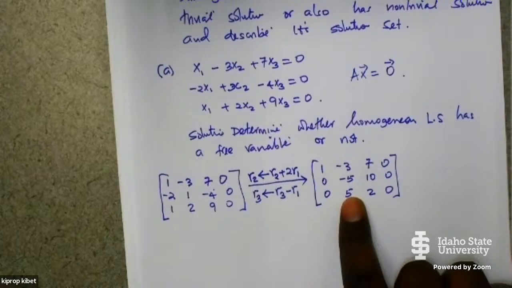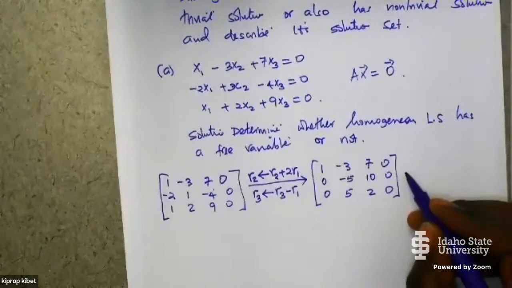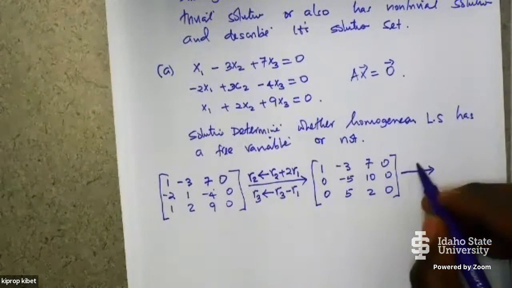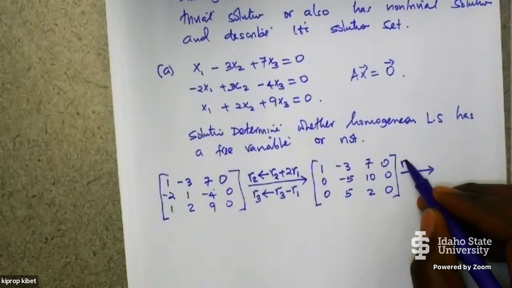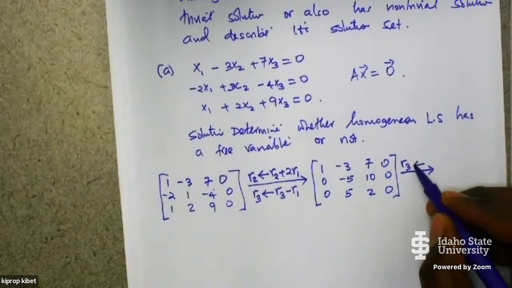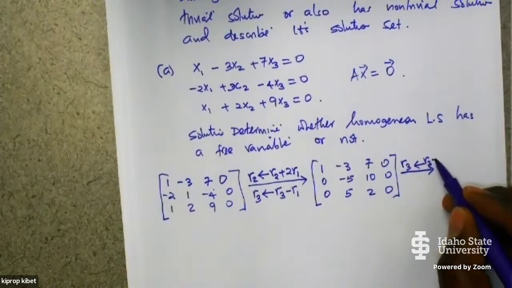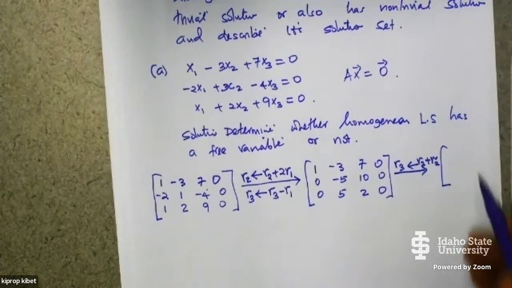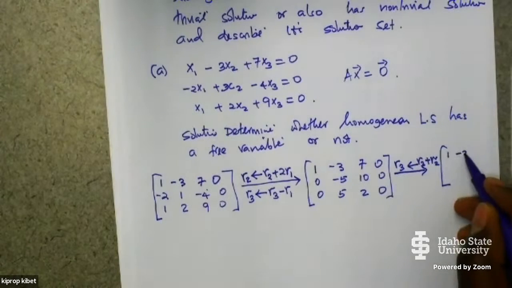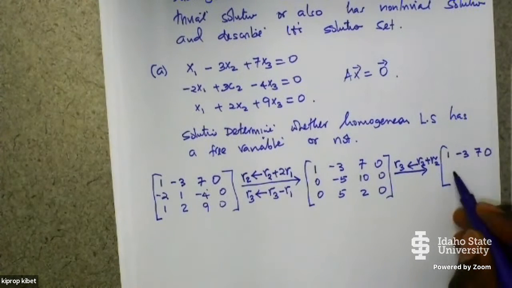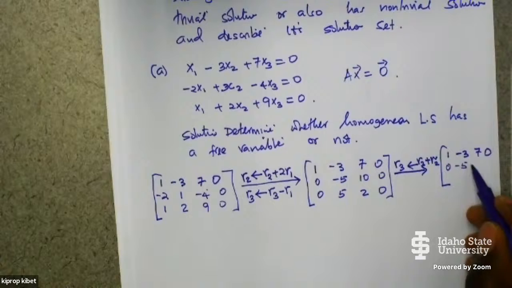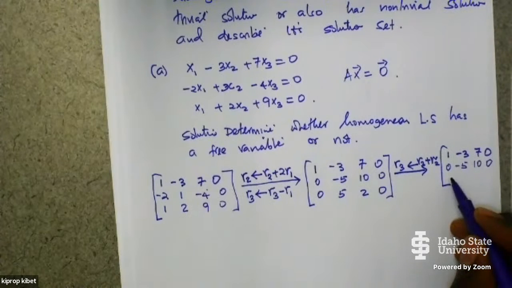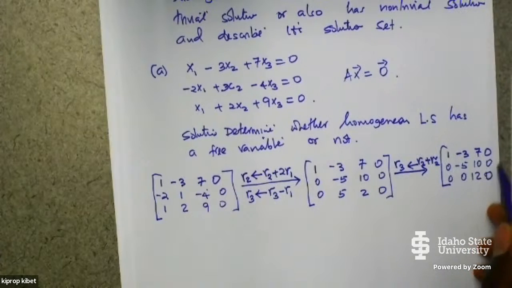Then to reduce the last row, the new R3 is R3 plus R2. We get 1, -3, 7, 0; 0, -5, 10, 0; and 0, 0, 12, 0.